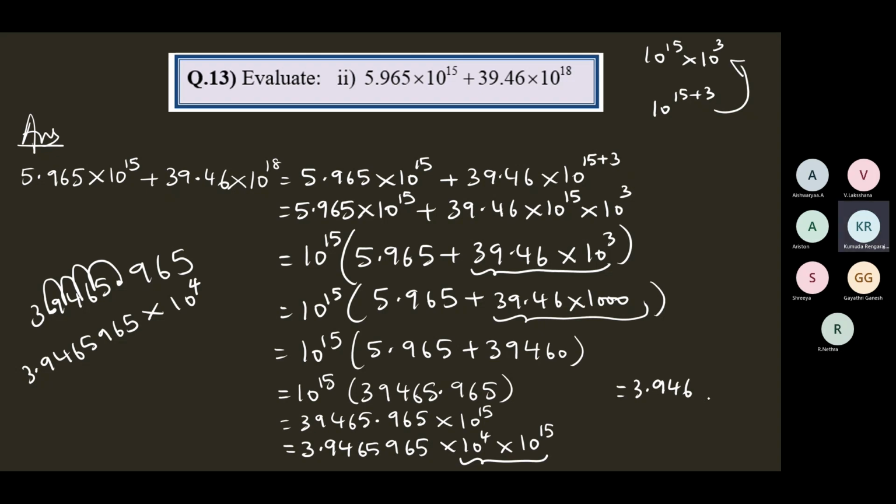So 3.946 into, or if you want, you can also make the 6, 7, because when you round off, this one increases to 7. But that's okay. These are trivial things, so you can just ignore it also. You can write it as 3.946 or 3.947 by rounding off.